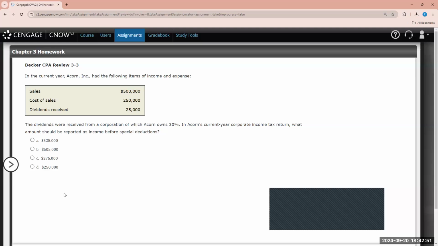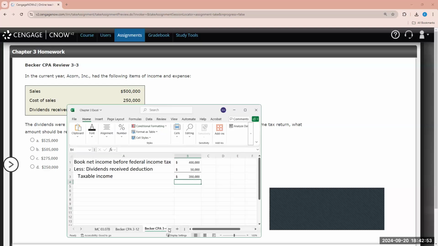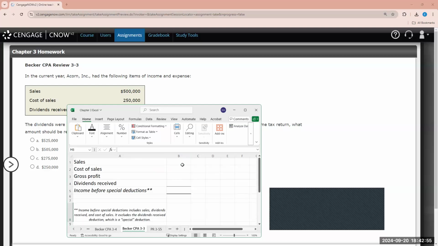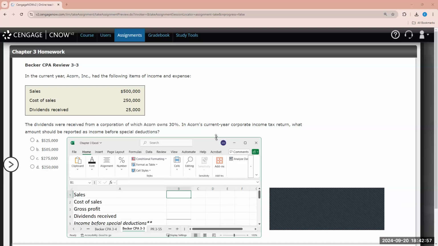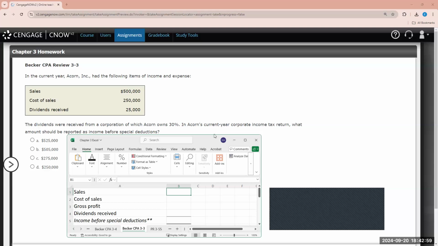So in order for us to calculate it, we need to do the following. So we start off with our sales of $500,000. And then from there, we account for the cost of sales. So when we account for the cost of sales, this gives us a gross profit of $250,000.